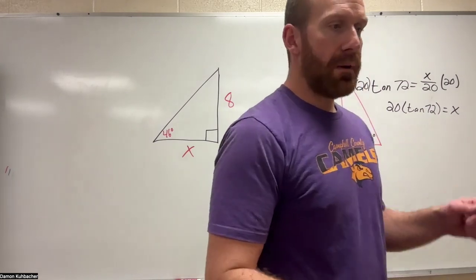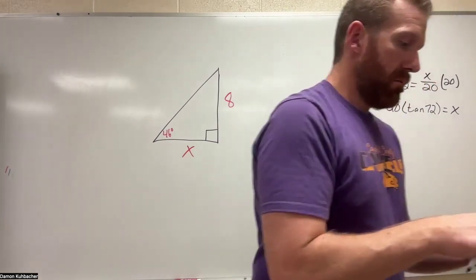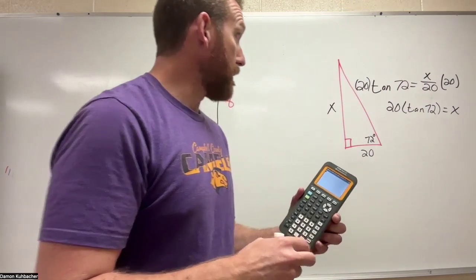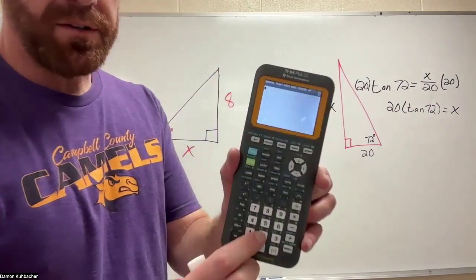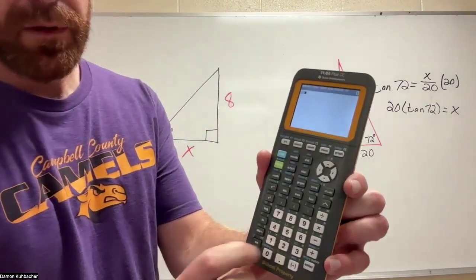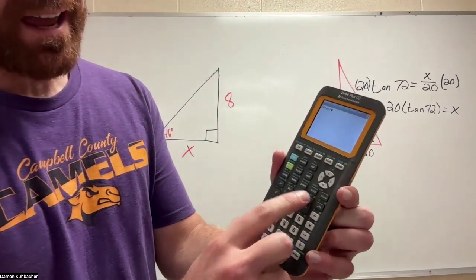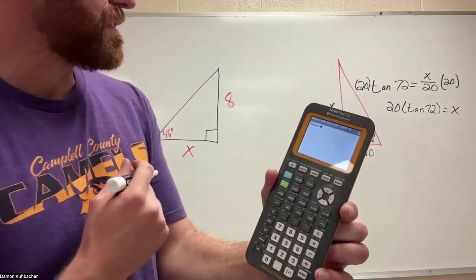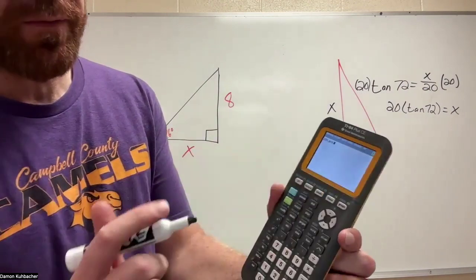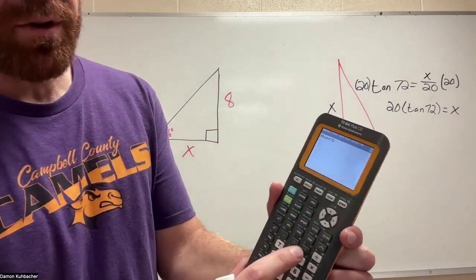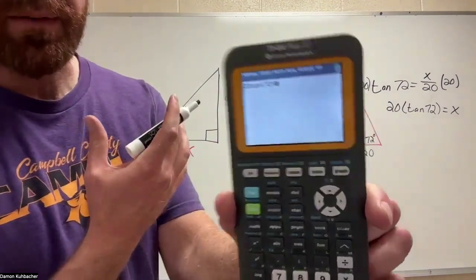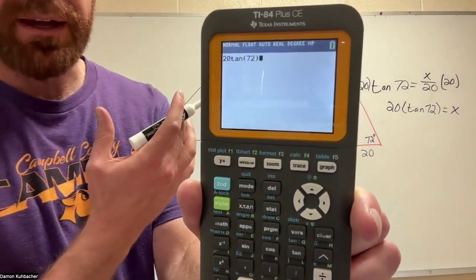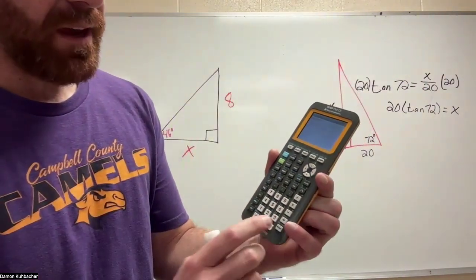So let's go ahead and grab this so you can see what it looks like on your end. I'm going to do 20. Once I hit tangent, I don't have to put the parenthesis in there like I did. This is going to suffice. Times 72, go ahead and practice closing up that parenthesis. It'll pay off later on. And then I just hit enter.